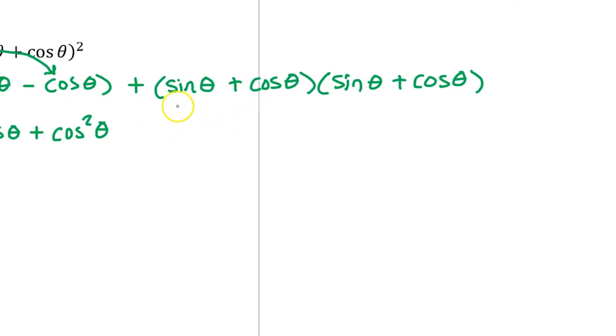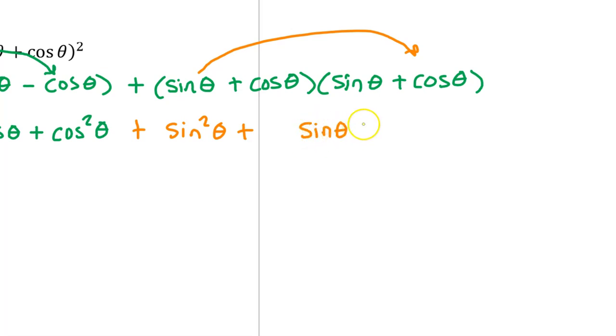So let's do something similar right here. I think I'm going to switch colors just to make it more clear what's happening. Sine theta times sine theta is sine squared theta. And then sine theta times cosine theta. I'm going to leave that space again. Okay, we have sine theta times cosine theta.